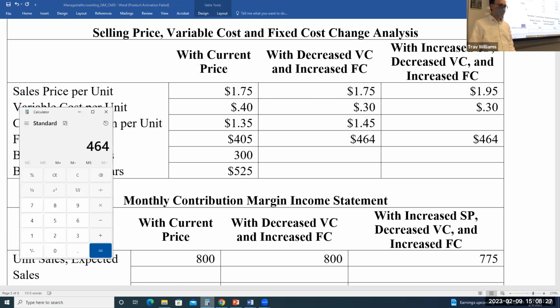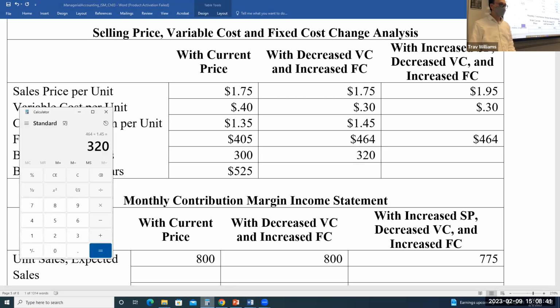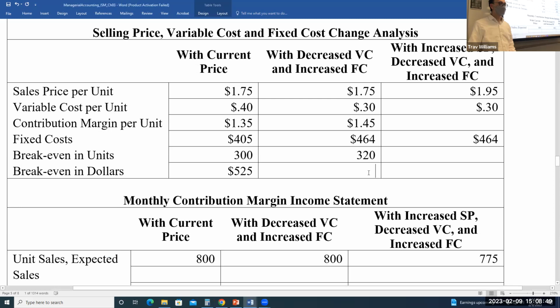It's fixed cost over contribution margin per unit. Exactly. So it'll take 320 units, right? We took our fixed cost divided by contribution margin per unit. Then we can multiply our 320 units by what to get the total revenue? The sales price per unit. So we need $560 in sales to break even.